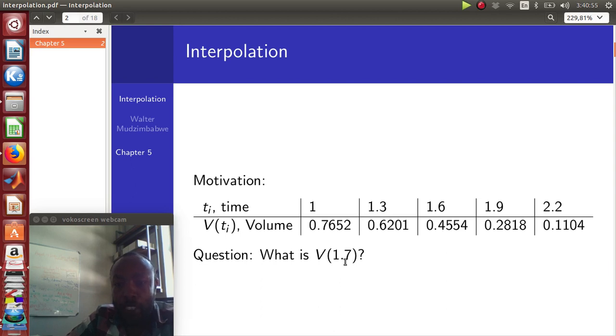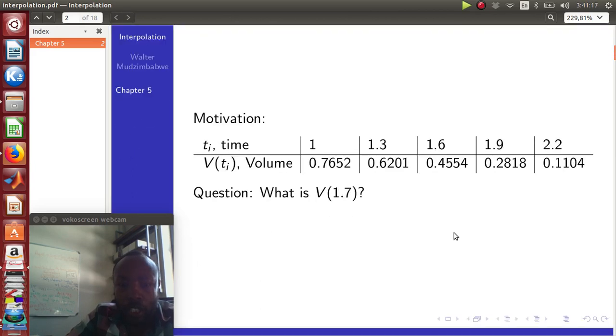If it was after the 2.2, say if we wanted to find the volume at time 3, then that would be an extrapolation problem. In this chapter and in this course, we are only going to be looking at interpolation.